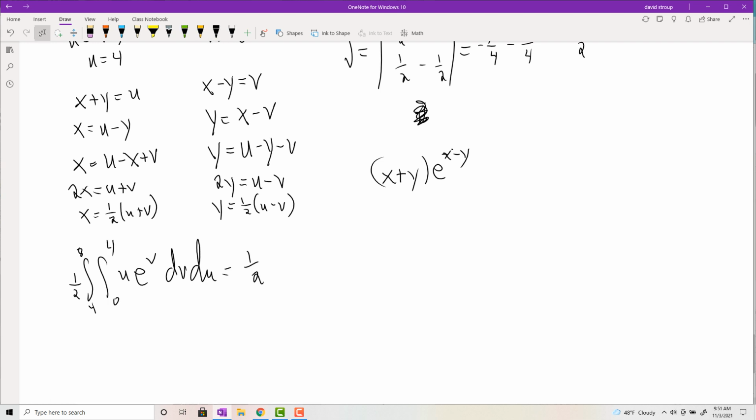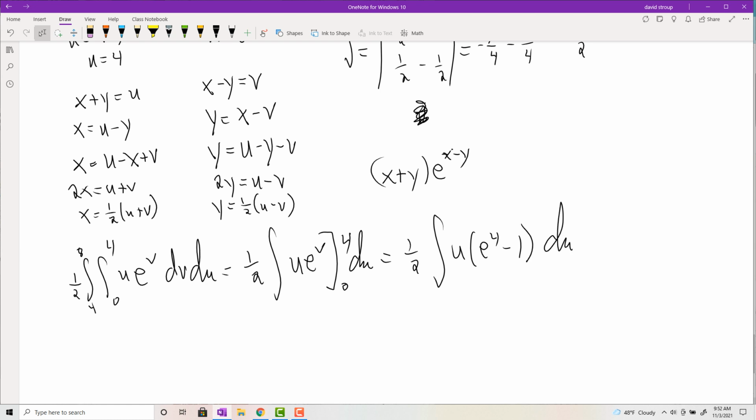Okay, so I got 1/2 integral. The integral of u e to the v with respect to v is u e to the v from 0 to 4. Yes, that works out much nicer. And then I have 1/2 integral of u times e to the 4th minus e to the 0, which is 1. And you see that's just a big constant. So yeah, it's easier to do it that way. So 1/2, pull out the e to the 4th minus 1.